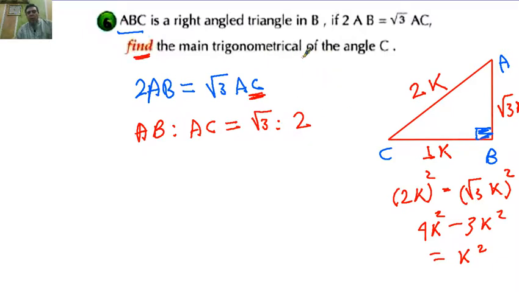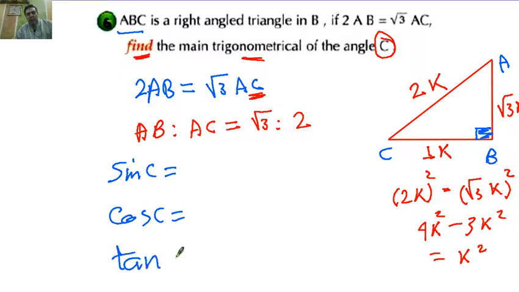Find the main trigonometrical ratios for angle C only: sine C, cosine C, and tan C. Sine C equals opposite over hypotenuse, square root 3K over 2K.